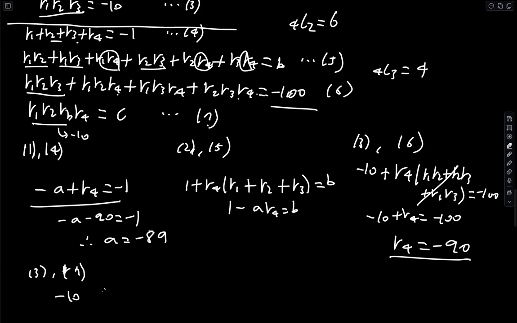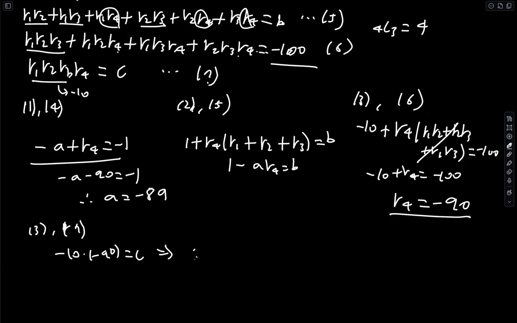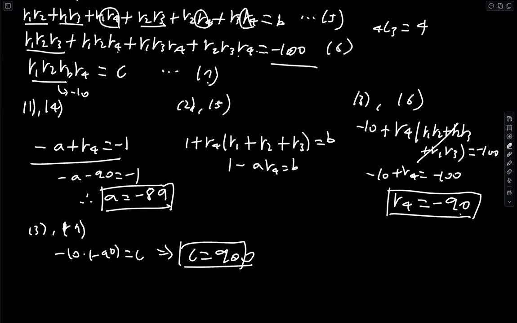So negative 10 times r sub 4, which was negative 90, is equal to c. Therefore, we know that c is equal to 900. So a is equal to negative 89, c is equal to 900, and r sub 4 is equal to negative 90. And we also know the value of b.